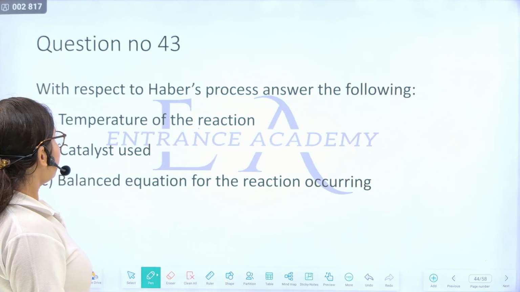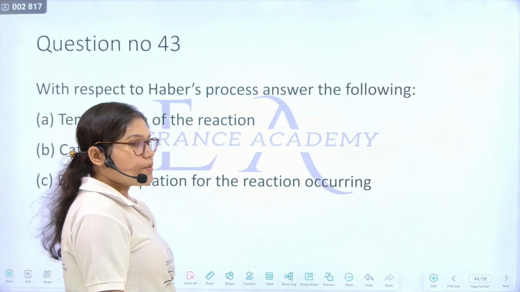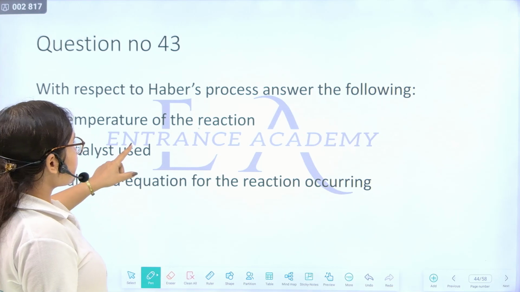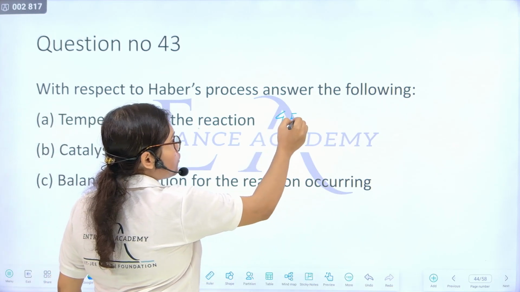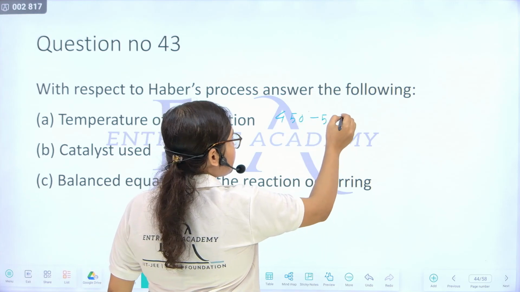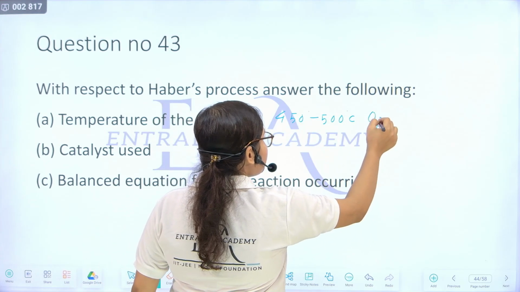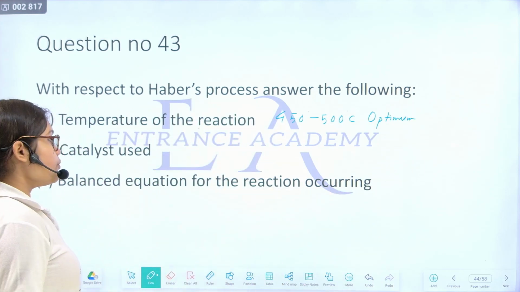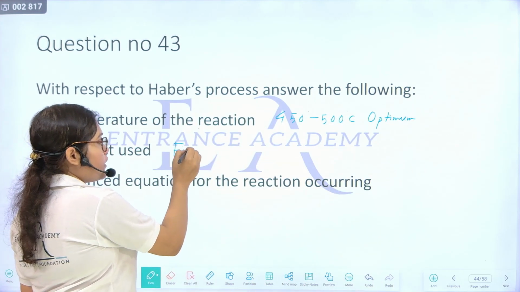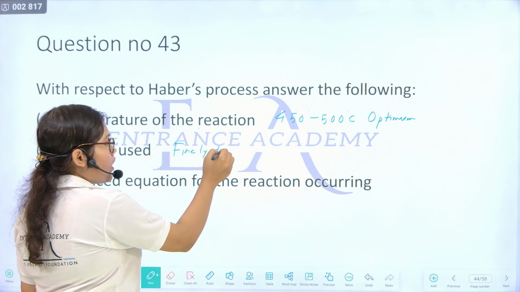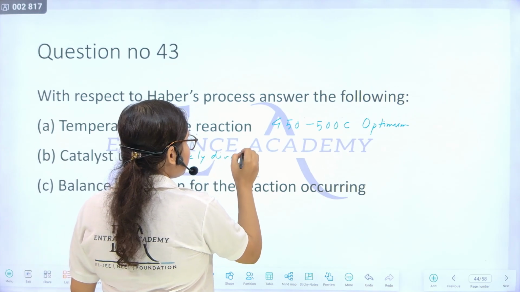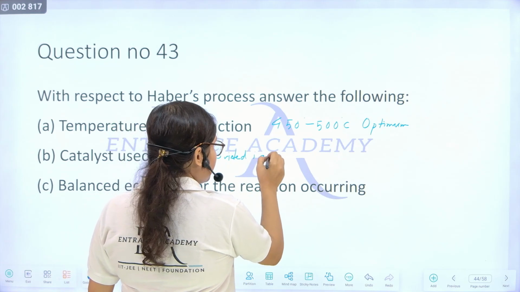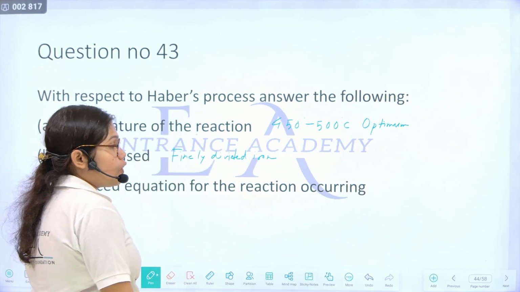Next question. With respect to Haber's process, which is ammonia formation. The temperature of the reaction is 450 to 500 degrees, the optimum temperature. The catalyst used is finely divided iron, and one promoter is also used, that is molybdenum.